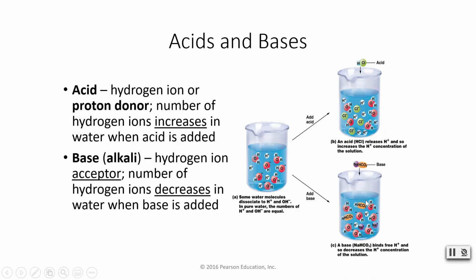Here they are. What have they done? They've attached themselves to free-floating hydrogen ions, which means the overall concentration of hydrogen ions has decreased. That's how a base works. You are either going to remove some of these hydrogens, you're going to bind to them, or in some instances, certain bases will actually just add more OHs.